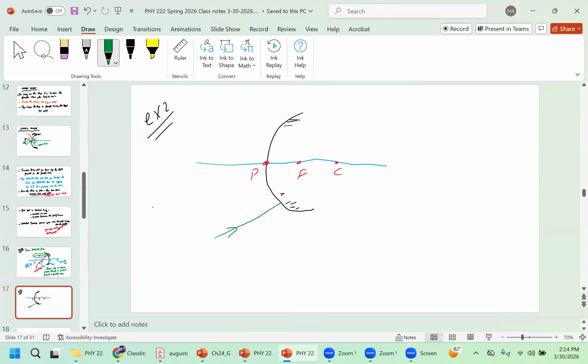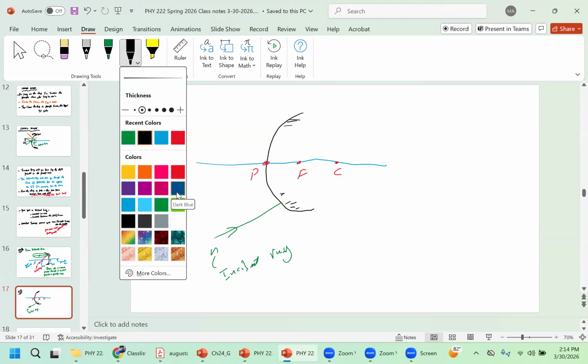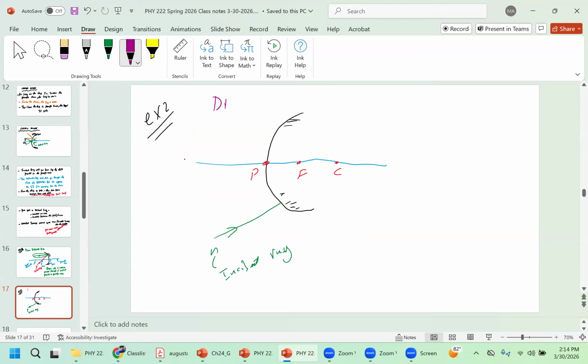What's going to happen? That's your incident ray. Draw the reflected ray. So where's it going to go? Anybody knows?